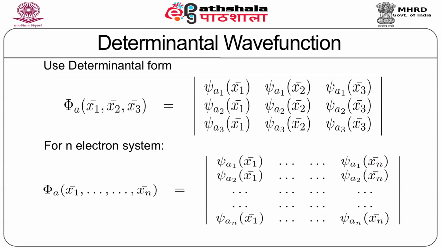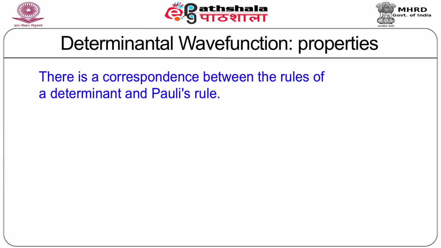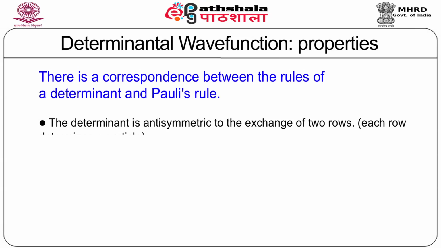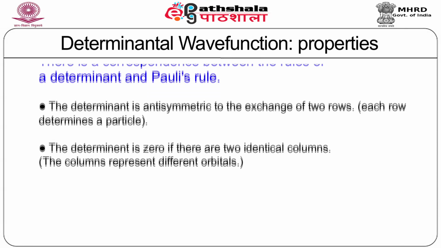There is a correspondence between the rules of a determinant and Pauli's rule in the following sense. The determinant is antisymmetric to the exchange of two rows. Each row determines a particle or an electron. The determinant is 0 if there are two identical columns. The columns represent different electronic states or the orbitals.